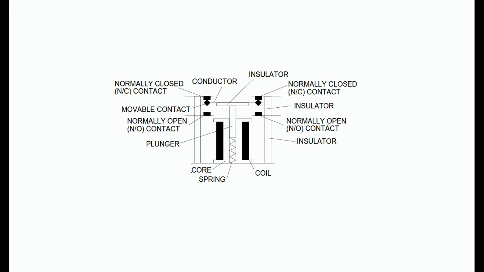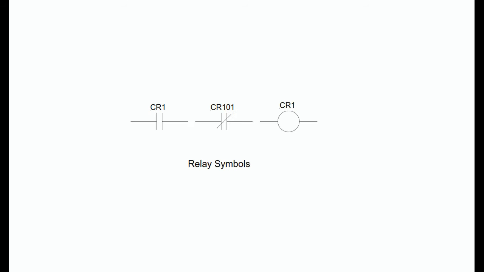Those that are familiar with digital logic tend to think of NO contacts as non-inverting contacts, and NC contacts as inverting contacts. It is important to remember that many of the schematic symbols used in electrical diagrams are different than the symbols for the same types of components in electronic diagrams. The figure shows the three most common relay symbols used in electrical machine diagrams.